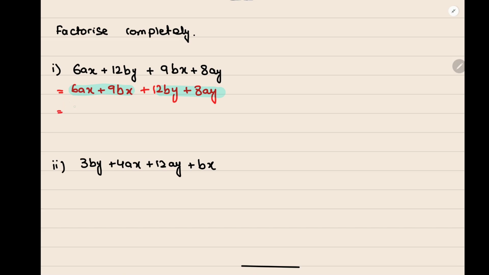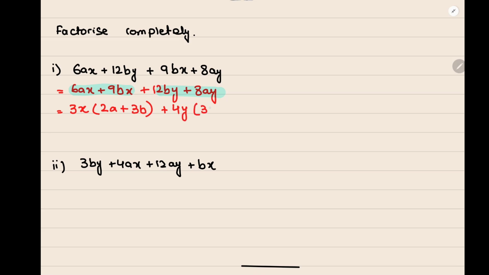Now from the first two, I can take 3 common and X common. So the inside of the bracket, I'm having 2A, and here it would be 3B. From the last two, I can take 4 common and a Y common.